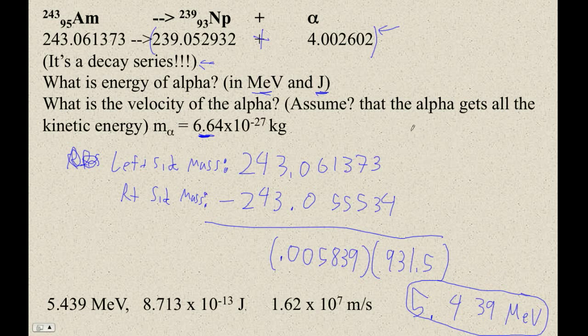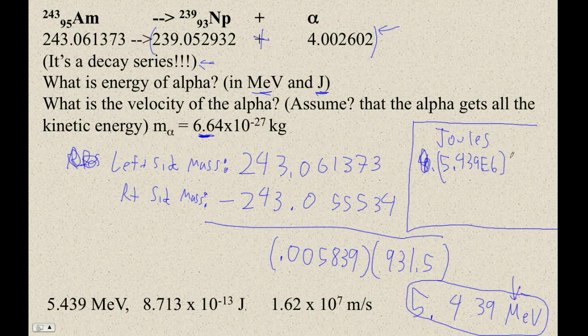And now we need to answer the question is, how many joules is it, right? Okay, and then all I have to do is go 5.439 E6, right? That's MeV, right? Don't forget that that's millions of electron volts, right? Times 1.602 E minus 19, right?